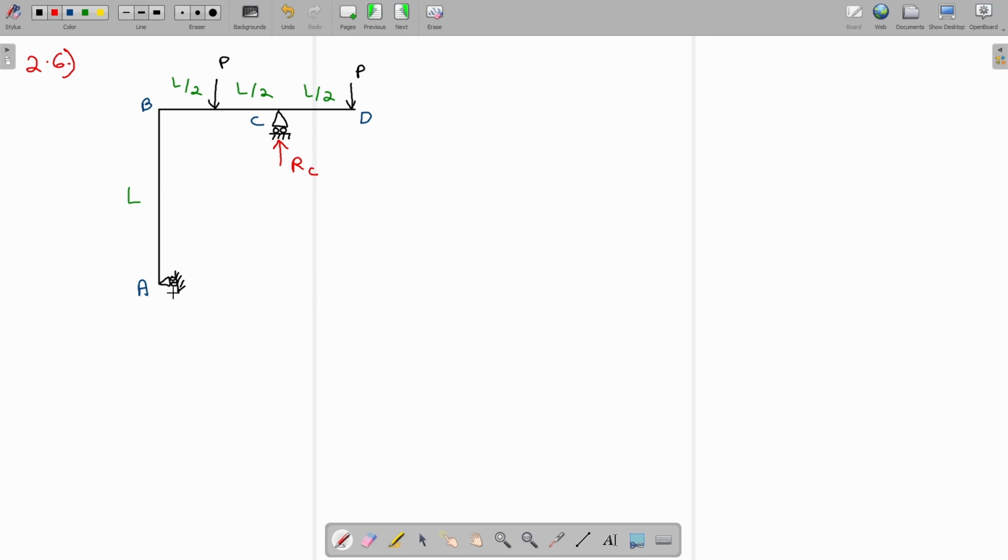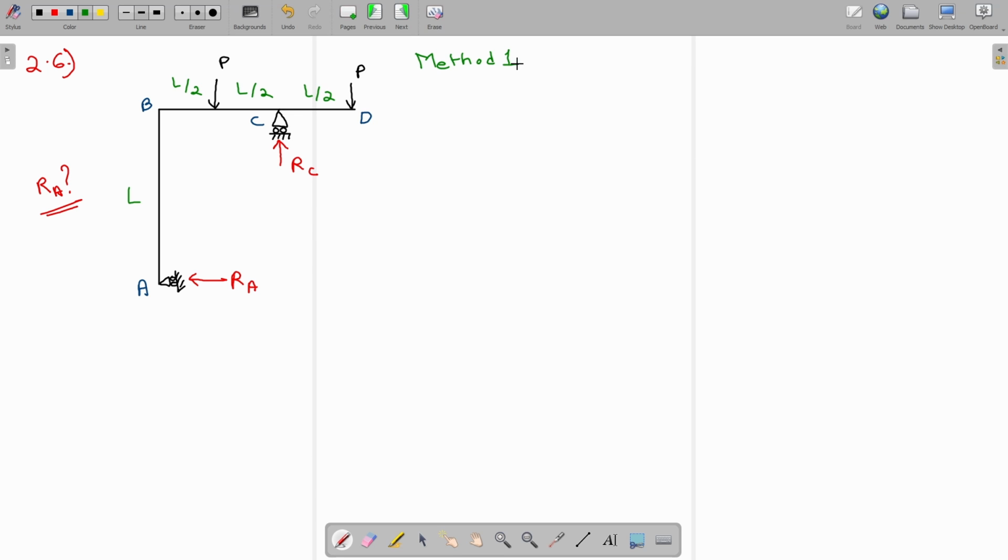At point A, our reaction in the horizontal direction is given as RA. We need to find RA. Now, I'd like to mention that this is one of the methods to solve.